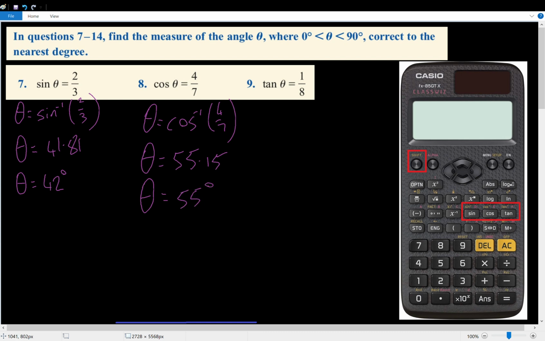And then for the very last one we've got tan theta is equal to 1/8. Same process as before: shift button, tan button. We'll be given on our screen a bracket and a space to put in a number. We're going to put in 1/8.